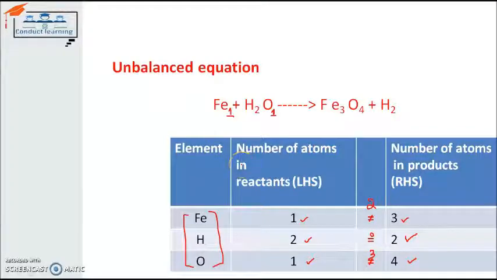The mass of iron on the reactant side is different from the mass on the product side, and the mass of oxygen on the reactant side is different from the mass of oxygen on the product side. So this equation is not following the law of conservation of mass. That's why we can see this equation is unbalanced. This is the meaning of an unbalanced equation. Thank you.